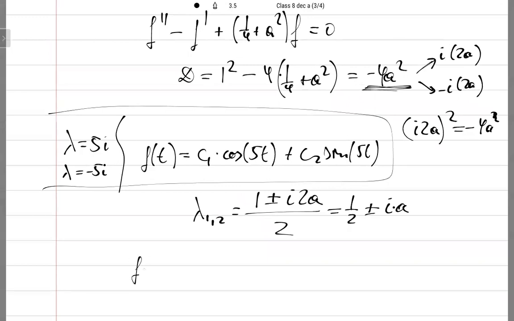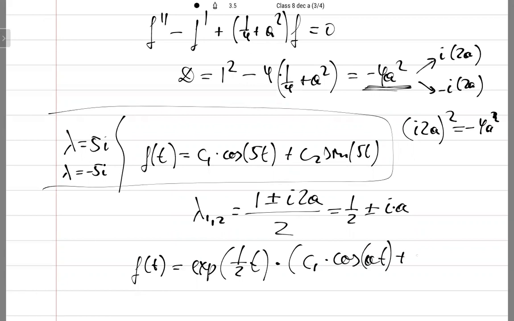Okay, so in my case, the solution f of t should be equal to C1... Shouldn't there be e to the power of 1/2 t? Yes. It should be exponent of 1 over 2 t times C1 cosine of at plus C2 sine of at.